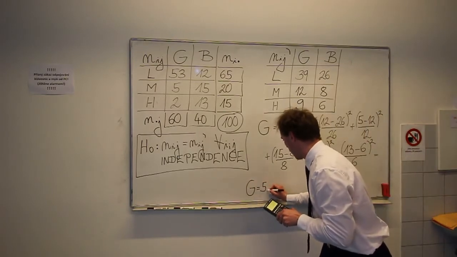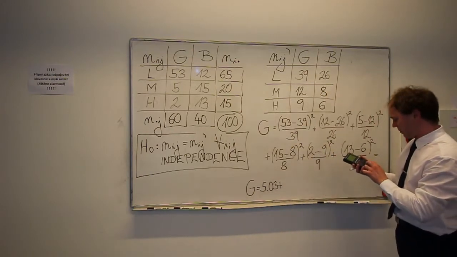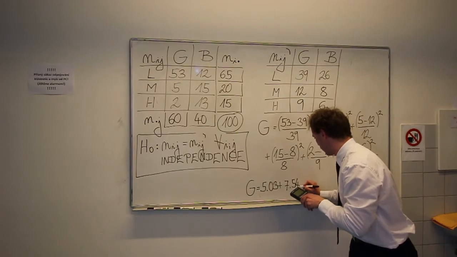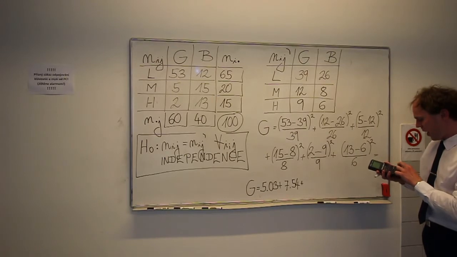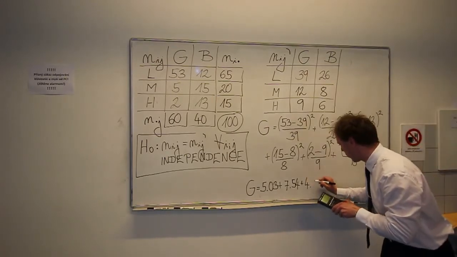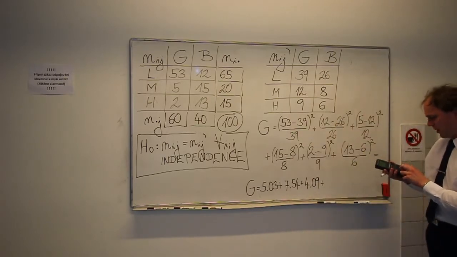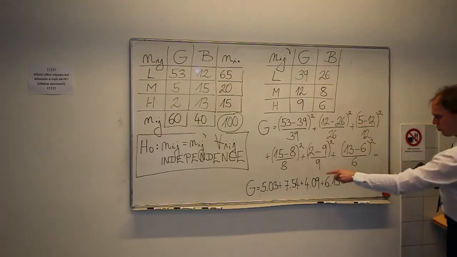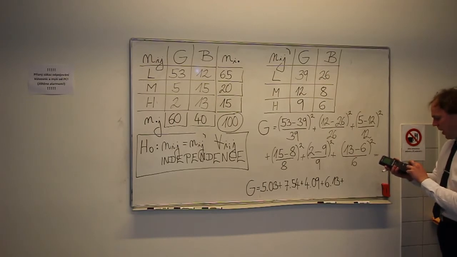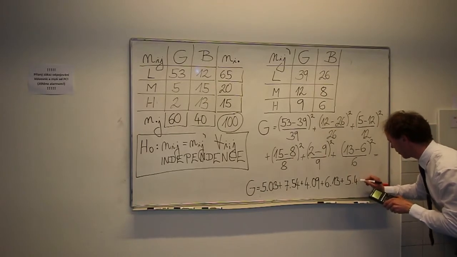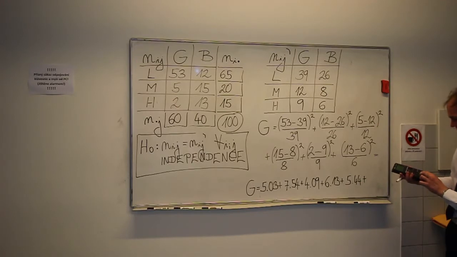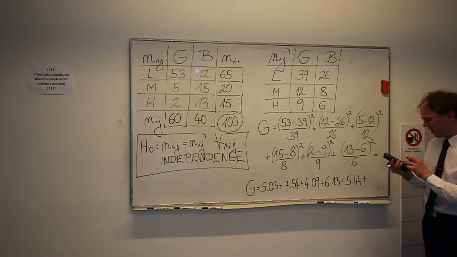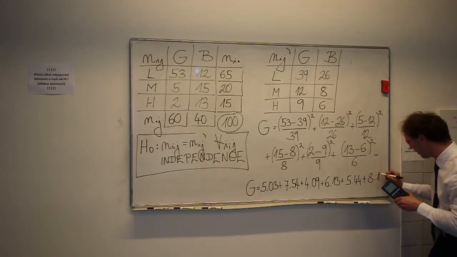So G is equal to 5.03 plus 12 minus 26 squared divided by 26, which is 7.54, plus 5 minus 12 squared divided by 12, which is 4.08, plus 15 minus 8 squared divided by 8, which is 6.13, plus 2 minus 9 squared divided by 9, which is 5.44, and finally the last value 13 minus 6 squared divided by 6, which is 8.17.